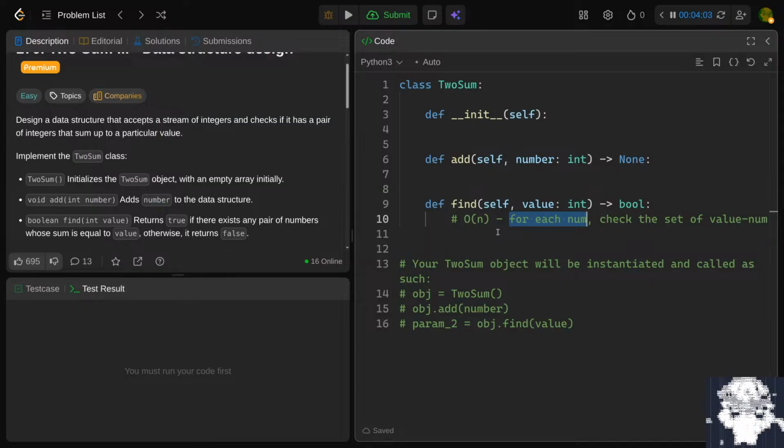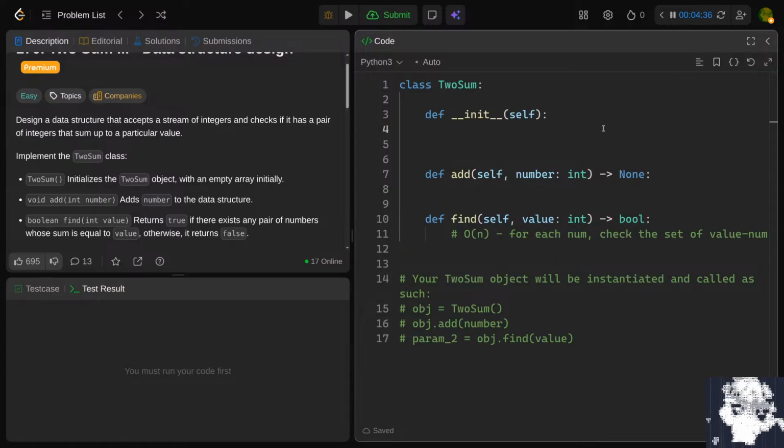Could you? Unless you pre-processed for all of the values that someone might ask for. So yeah, I think you are just going to be storing a set.